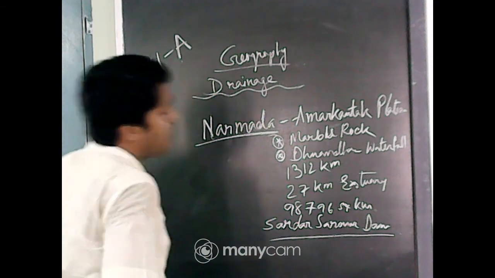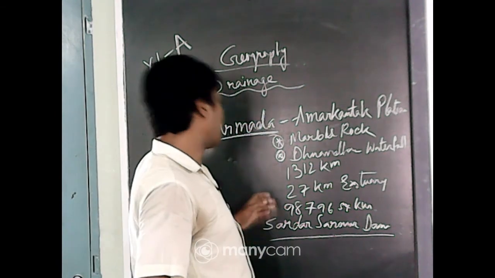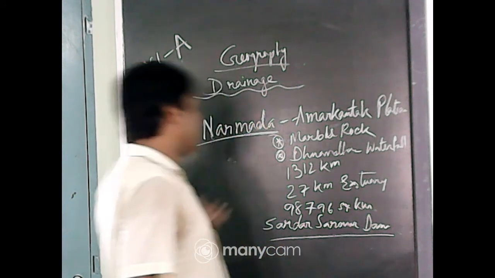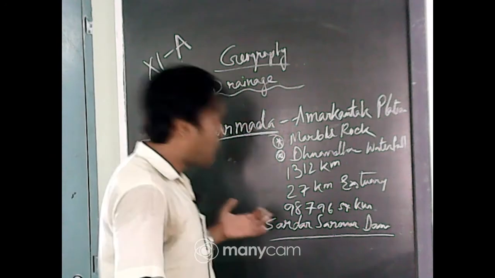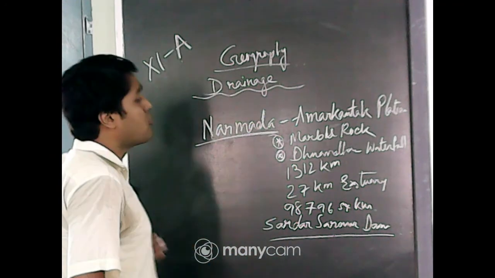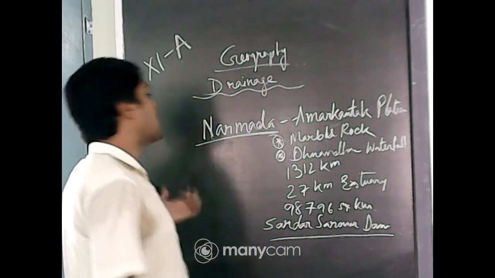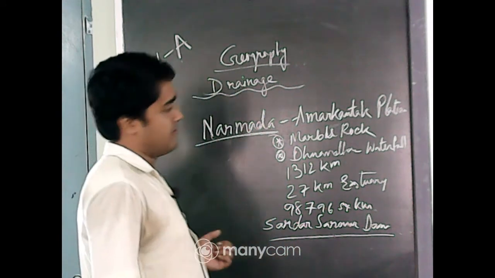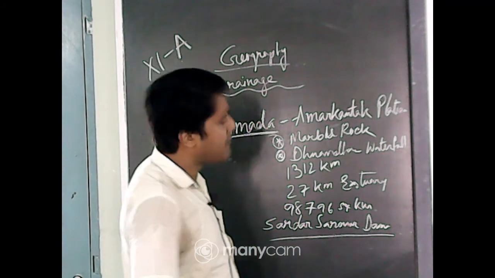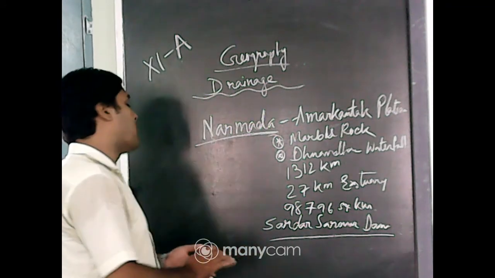Some groups of people and environmentalists protested against the construction of the dam, because when this dam was constructed, the local people were displaced from that area and large amounts of vegetation were also destroyed. That's why the Narmada Bachao Andolan was also held at that time. But after that, the government solved this problem and this dam was constructed.